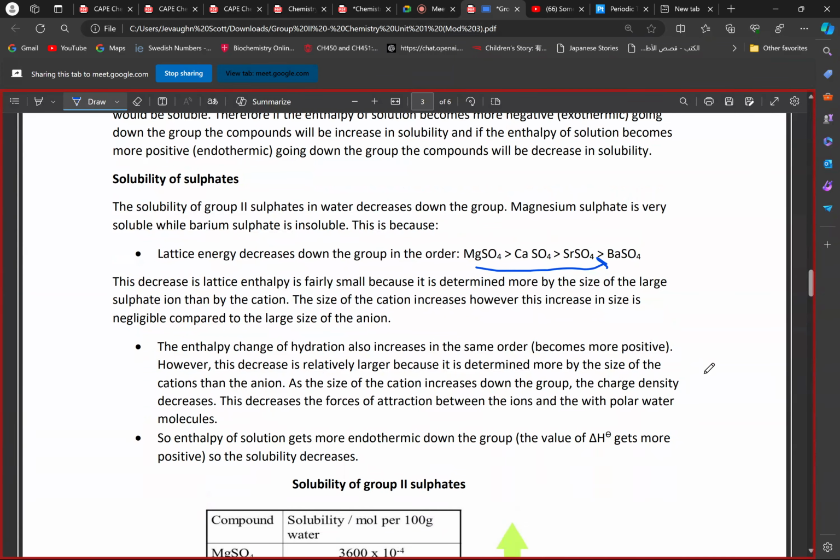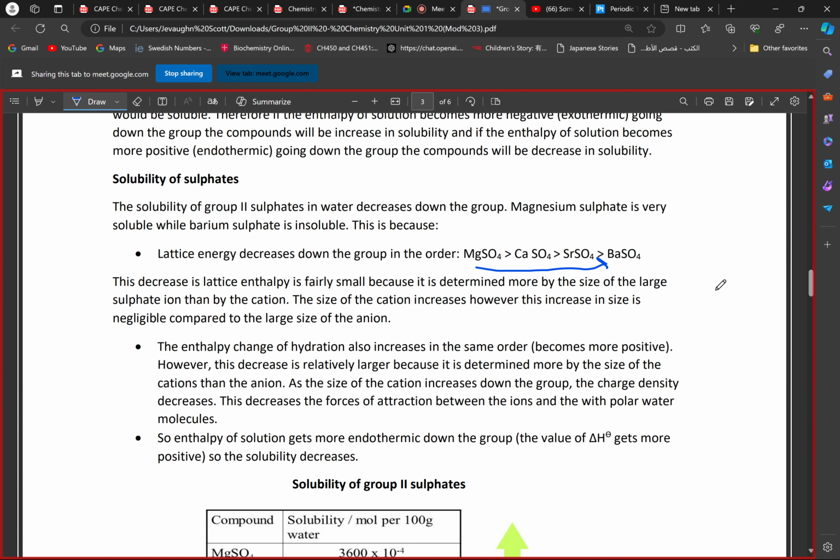The energy required to break the lattice into ions. Okay, so the energy required to break the lattice into its constituent ions. Lovely. But what is the enthalpy of hydration? The energy the ion releases when it's in solution. All right, so the energy released when the ions are fully dissolved.